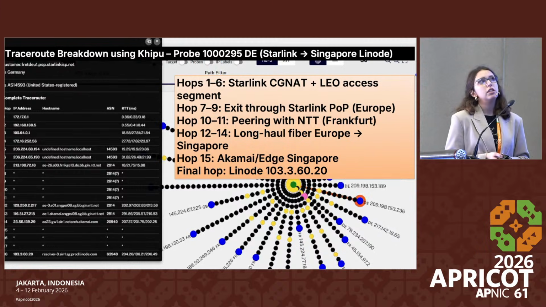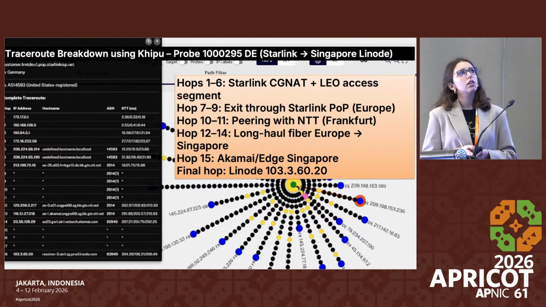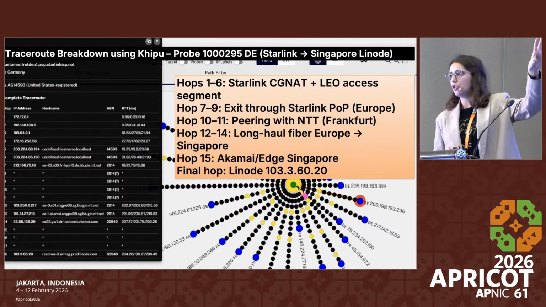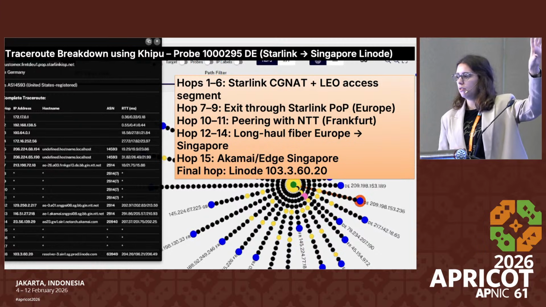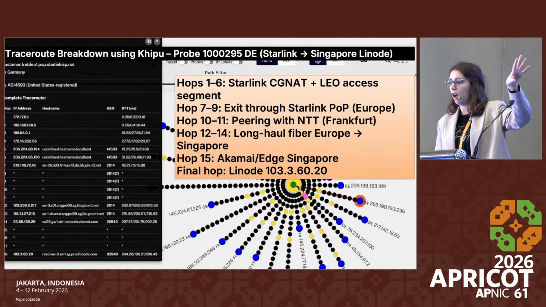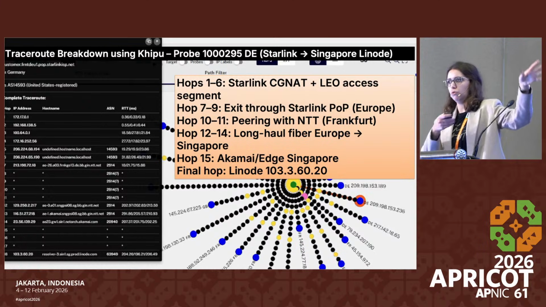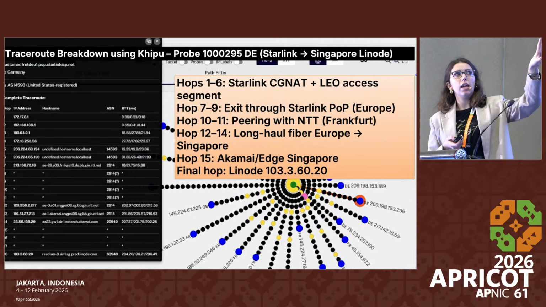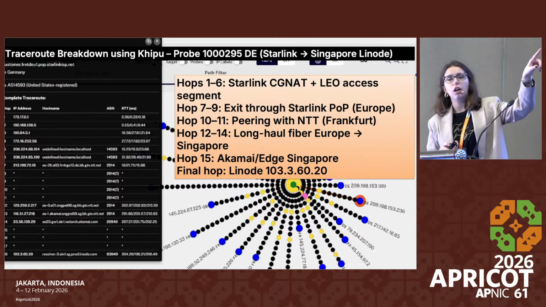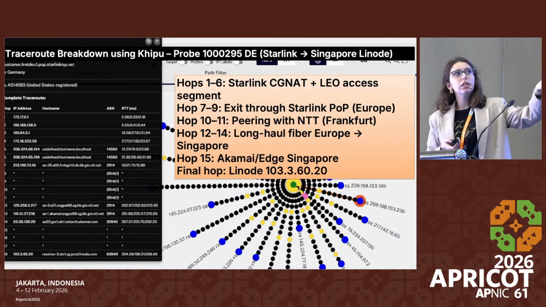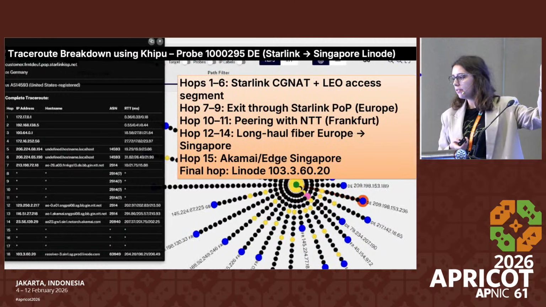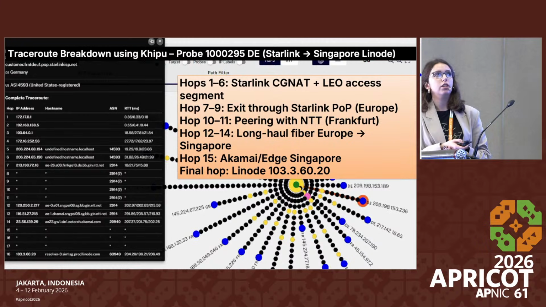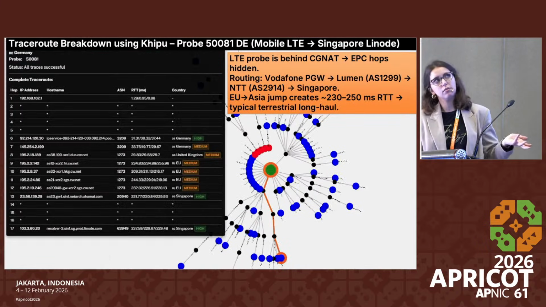And on this slide, we can see from traceroute a really good representation of satellite architecture: we have the Starlink LEO access segment, then exit to the Starlink point of presence in Frankfurt, then peering with NTT, then long-haul fiber Europe to Singapore, and then reaching the target in Singapore. I just don't go through details because of lack of time.